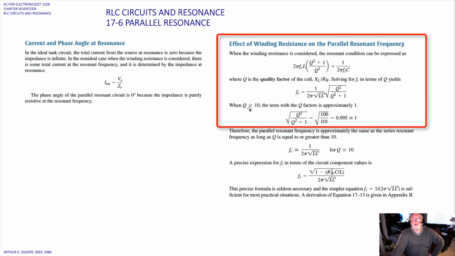When the quality factor is greater than or equal to 10, the term with the Q factors is approximately 1. So they're giving you a rule of thumb here: if we have a relationship such that Q is 10, then 10 squared plus 1 gives us 101, and a factor of 0.995, or almost equal to 1.